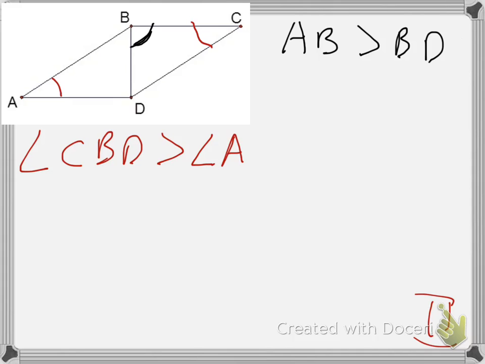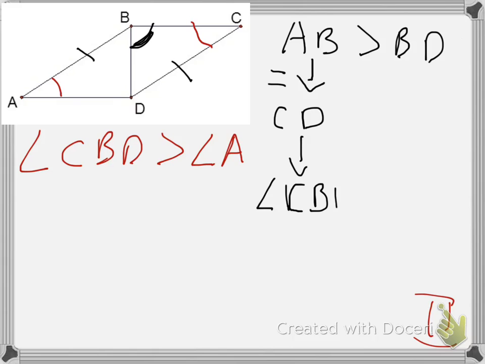Remember we said this side is the same as this side. So really this side goes with CD. They're equal. Which means that angle B is affected. This affects angle, what do we want? C to B to D. That's the angle we care about right here.